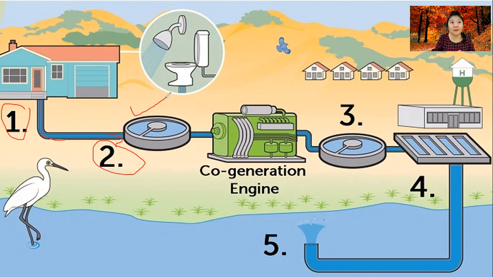Dekat setiap tapak perumahan mesti akan ada, a bigger one. And then it goes to the treatment plant. You will process it here, and also here, and then it will be released to the sea. So what happens if we didn't have this? All this water would go directly to the sea. So what will happen to all of us?